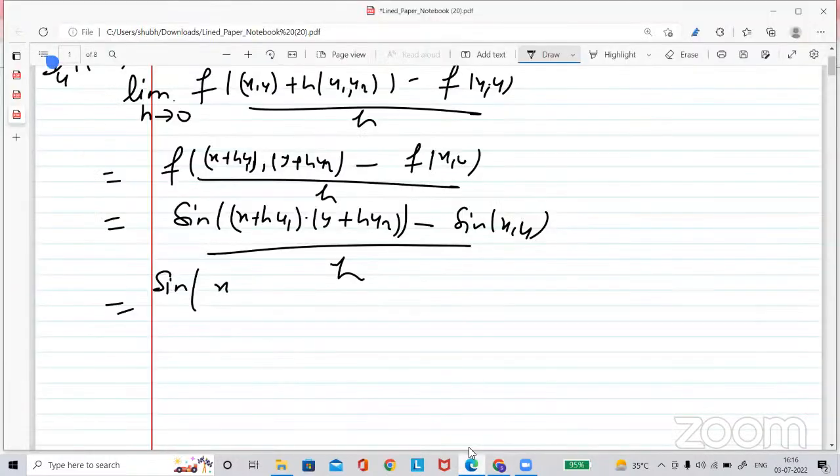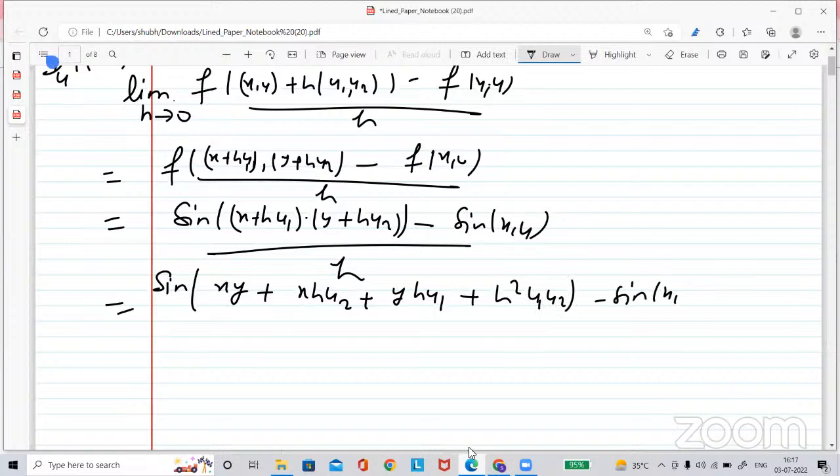How to take the limit of that one? So my question is how you are writing this. You are first multiplying. Sine xy, and now what is upon it?